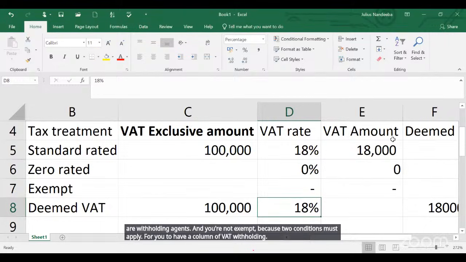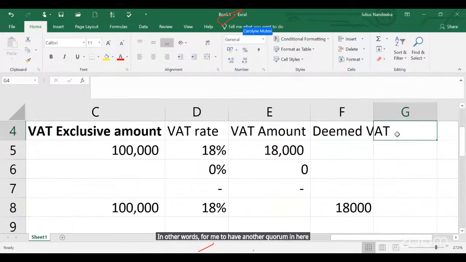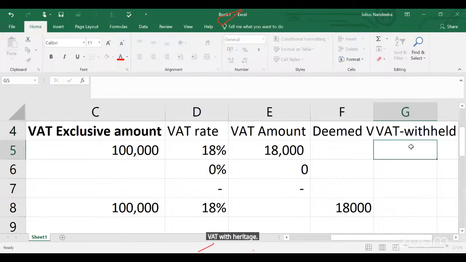In other words, for me to have another column of VAT withheld, two things must happen.